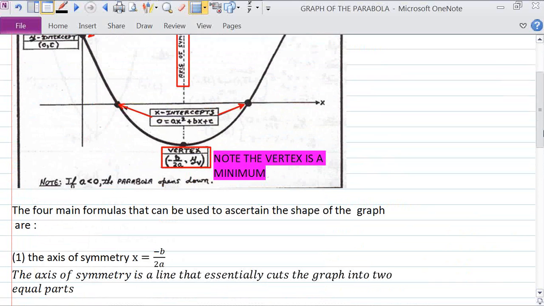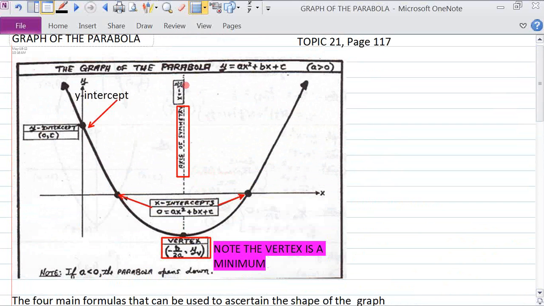First of all, we're going to look at the axis of symmetry, and we're going to go over the equation, how we get this. This is the axis of symmetry here, this dotted line going down here. Essentially, it divides the graph into 2 equal, symmetrical parts, where one is just the mirror image of the other.